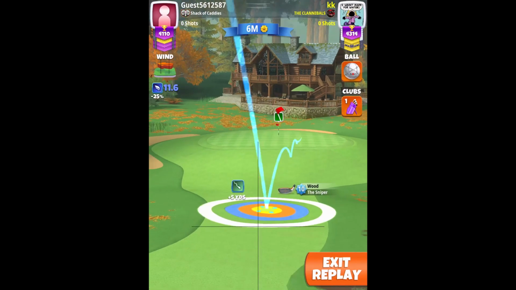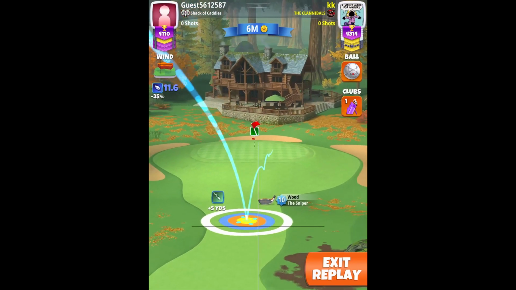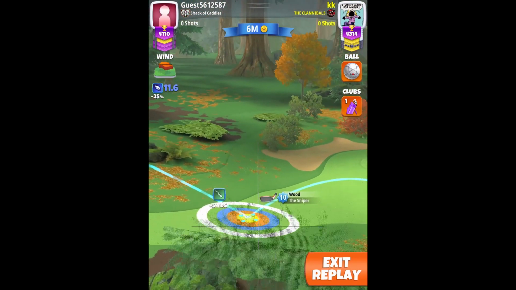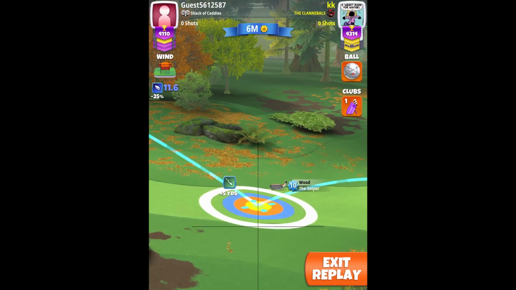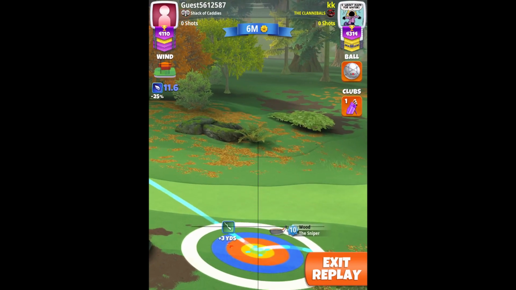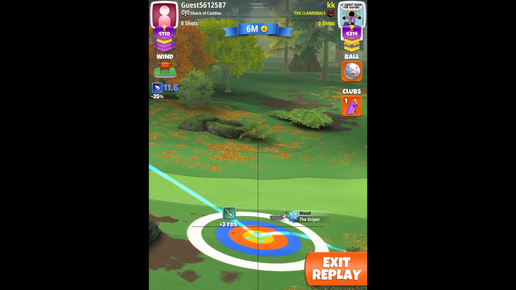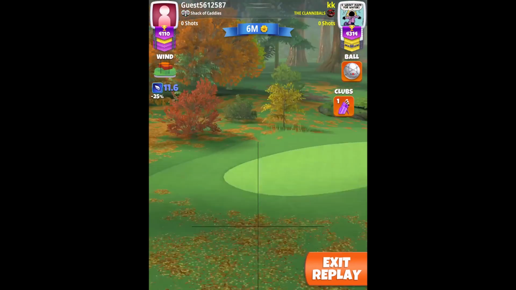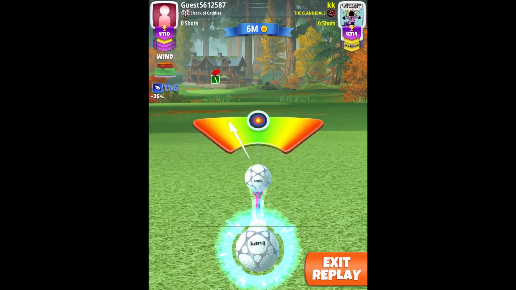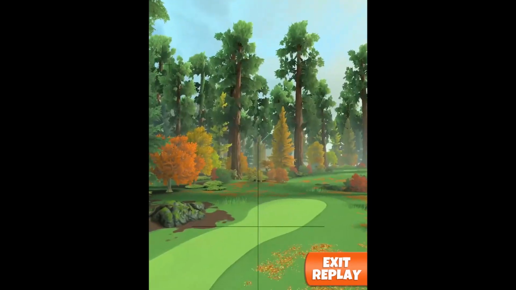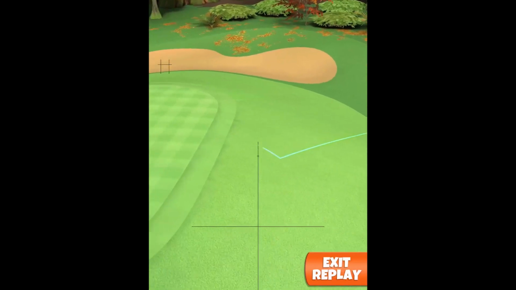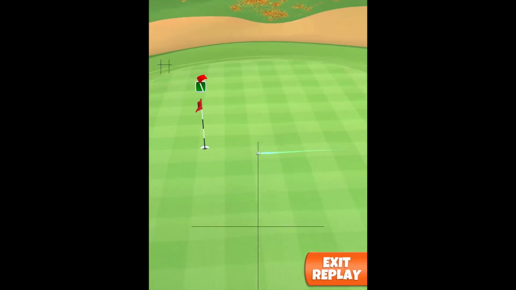So I have a base of like 4 squares for 11 miles per hour. Then I'm going to adjust plus 15% max. And it's going to miss just slightly to the left.